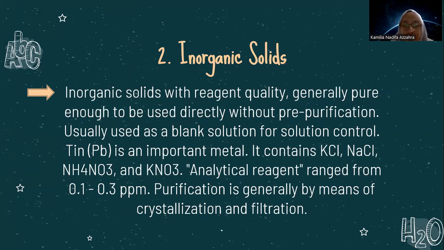2. Inorganic solids. Inorganic solids with reagent quality are generally pure enough to be used directly without purification. Usually used as a blank solution for solution control. Tin or Pb is an important metal. It contains KCl, NH4Cl, NH4NO3 and KNO3.